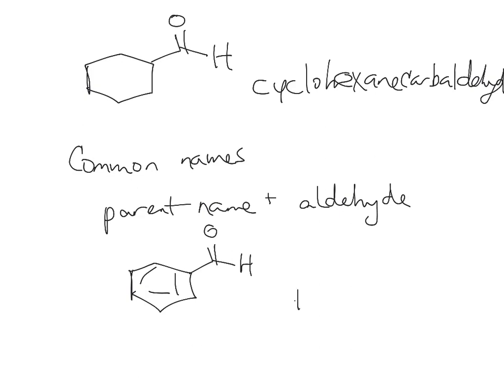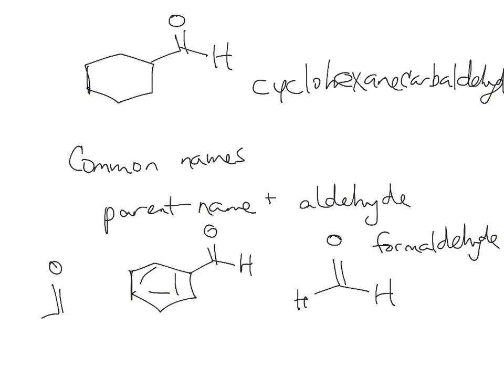Or if we have the simplest one, the root of that is form, as in formic acid. This one is formaldehyde. That's the thing that preserves bodies and mammalian tissue for research. So that's formaldehyde. Acetaldehyde looks like this. So it's the acetyl group. That's acetaldehyde.